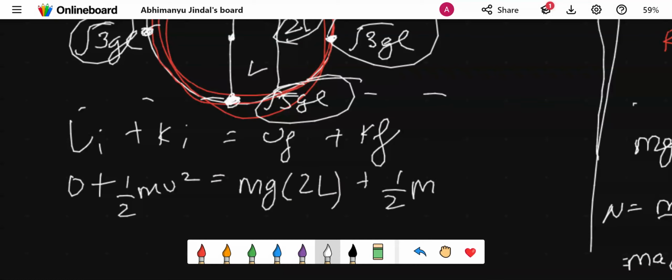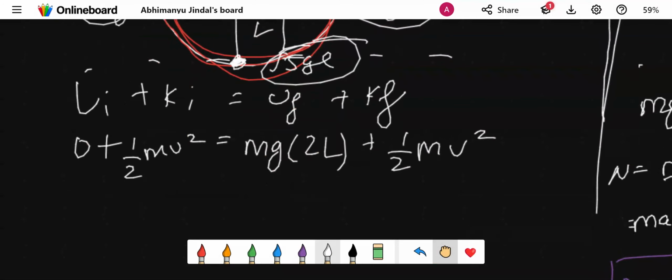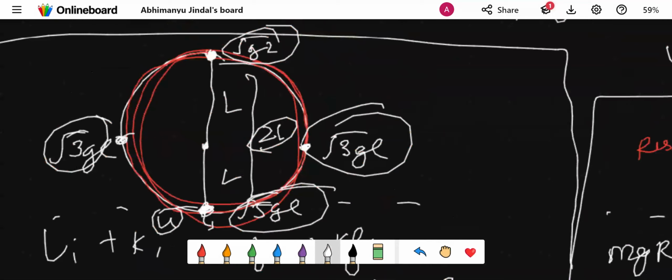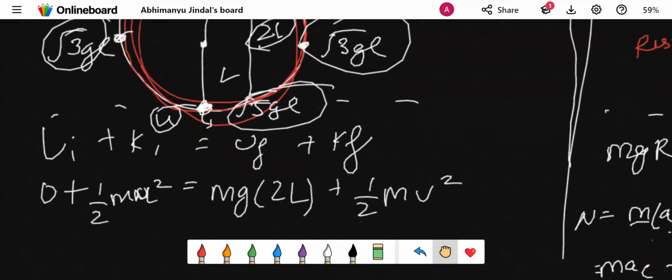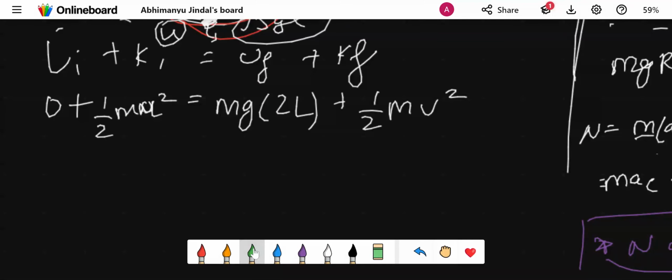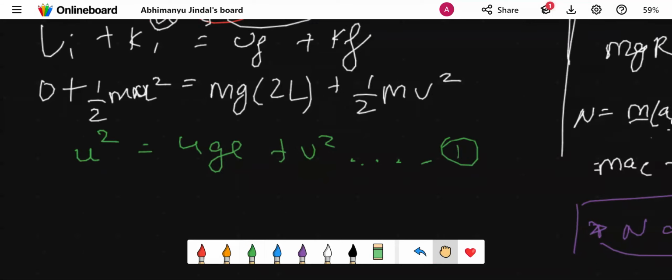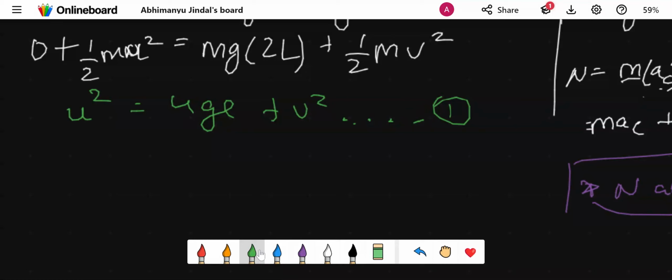There's a K_f as well, don't say it's at rest, it's half mv square. So u is the velocity here, and v is the velocity here. Now I can say that u square equals 4gL plus v square. This is the first equation, right?